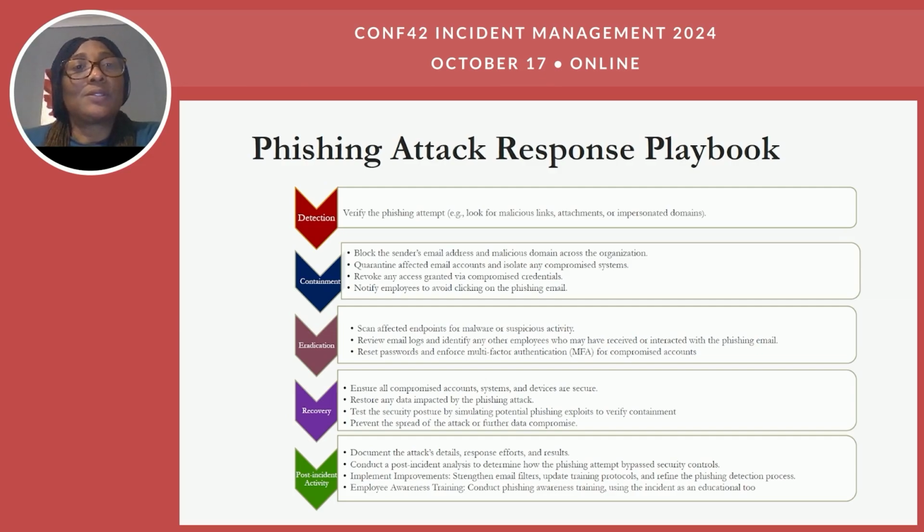One, we have the detection stage. Remember we said it's a phishing email. So the first thing is to verify that it's a phishing attempt, because the trigger said it is a phishing attempt to steal information. In verifying the phishing attempt, we're going to be looking at the IOCs.